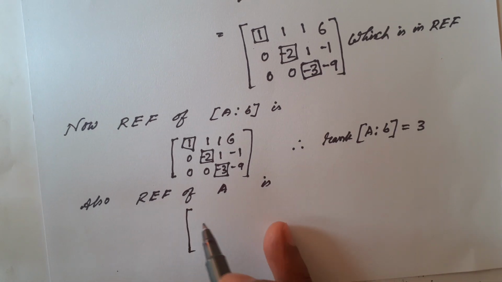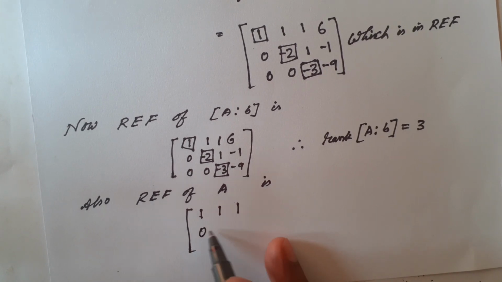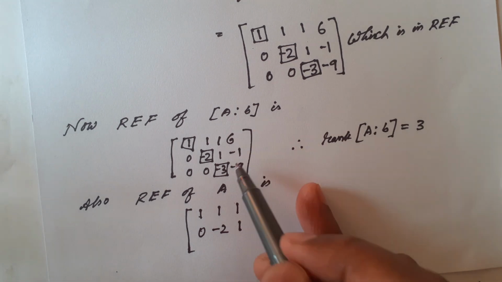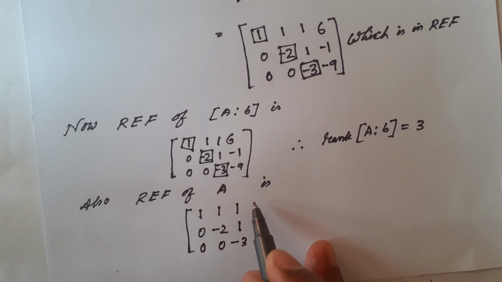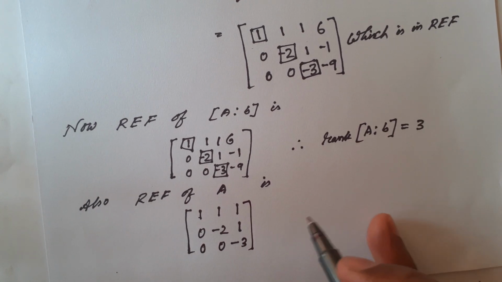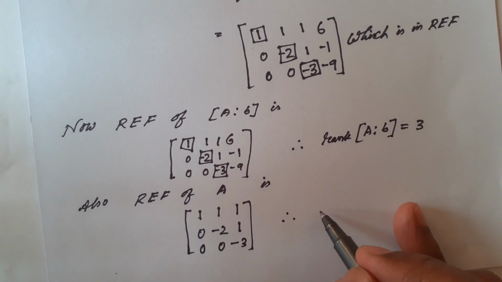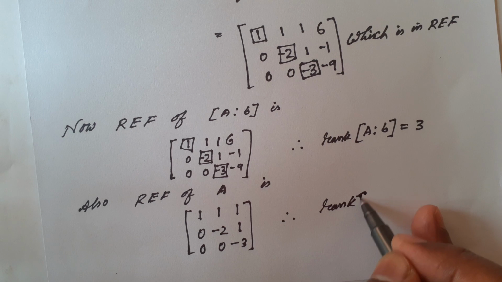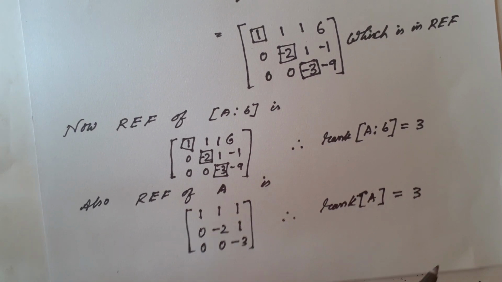So row echelon form of A is 1, 1, 1, then 0, minus 2, 1, then 0, 0, minus 3. You just leave out the last column here. How many non-zero rows here? All rows are non-zero. So rank of A is equal to the number of non-zero rows, 3.